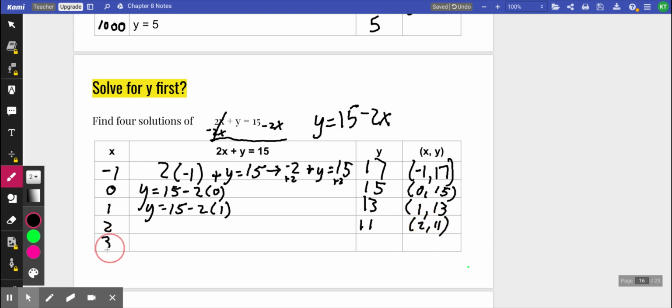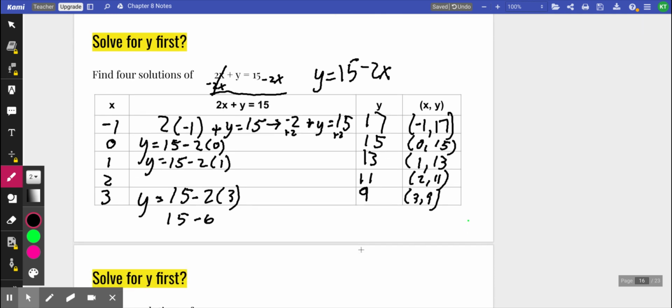If I go one more here, this should be 9. And we can double check. I can say y equals 15 minus 2 times 3. So 15 minus 6, does that equal 9? Yep. So you should be able to see the pattern after a few times going down the list there.